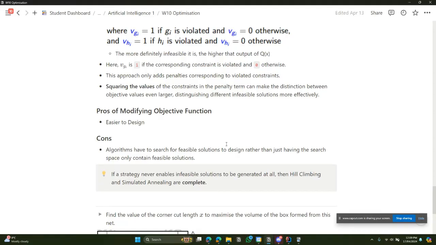In the algorithm operator, aka modifying the search space, we're not even generating neighbors that are infeasible. However, here we are generating neighbors that are infeasible, but they will not be taken into account because they'll be much, much worse.